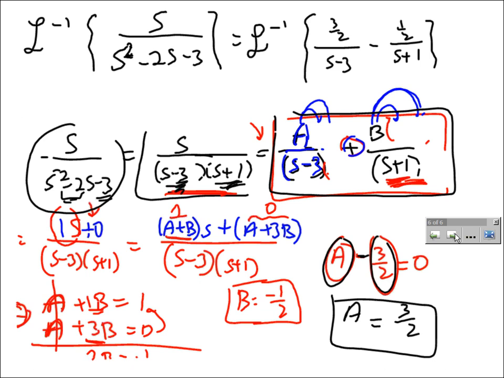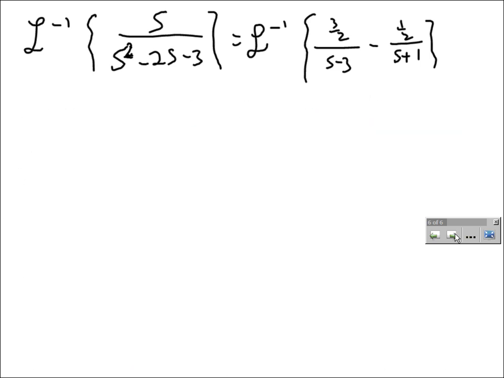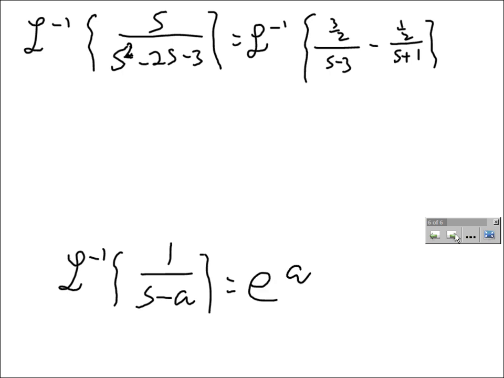Now, the easy part. But it's not going to be easy if you don't remember that the inverse Laplace transformation of 1 over S minus A is e to the at. So it's the inverse Laplace of this minus the inverse Laplace of that.